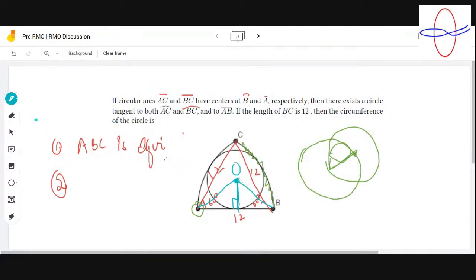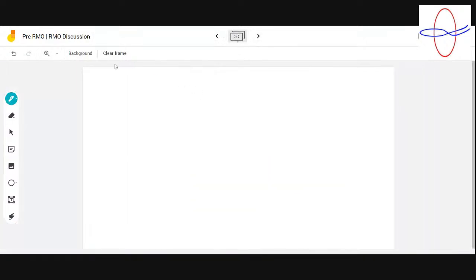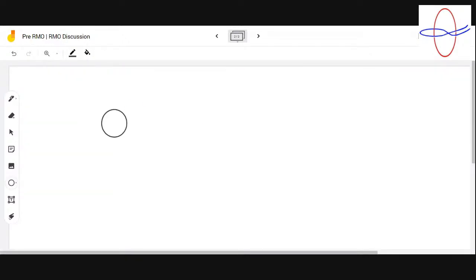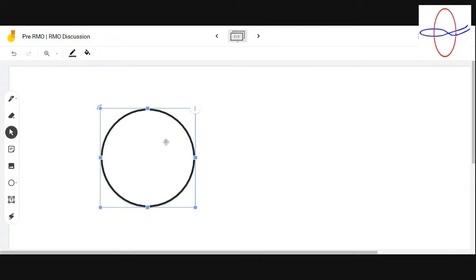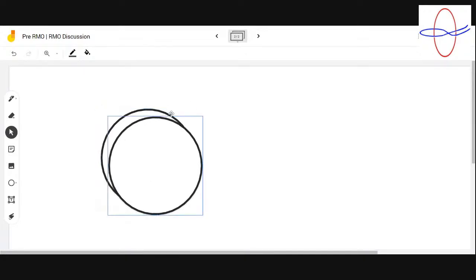First of all, observe this very carefully. What is essentially the diagram? The diagram looks like this. And I need to draw another one. Oops, not like this. Let me sort of adjust it.